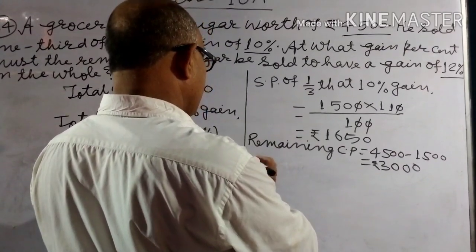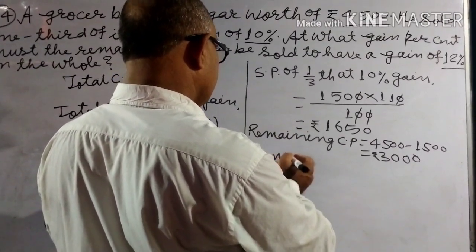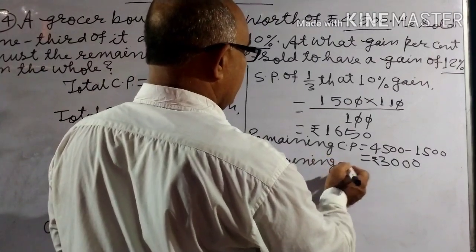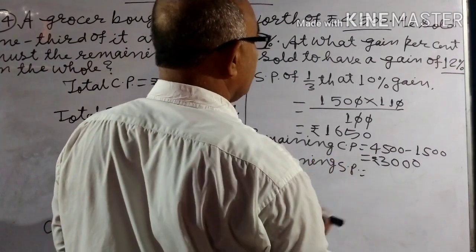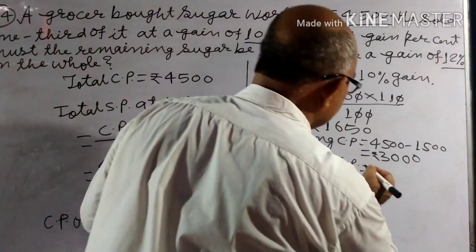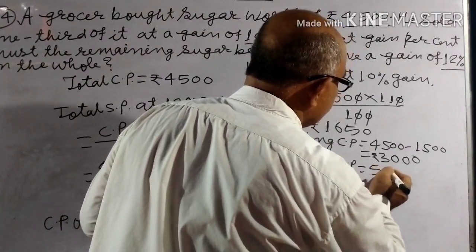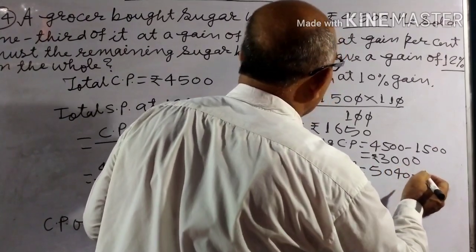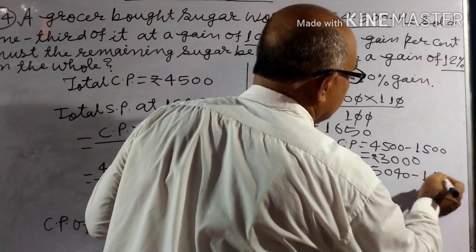And remaining SP equals 5,040 minus 1,650.